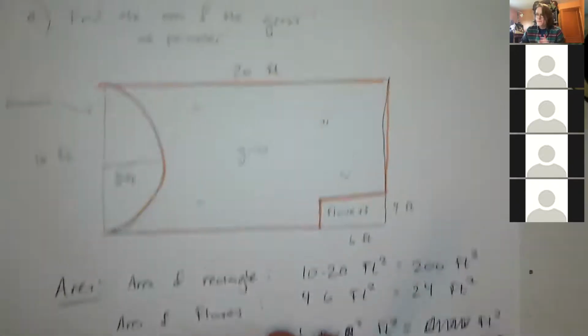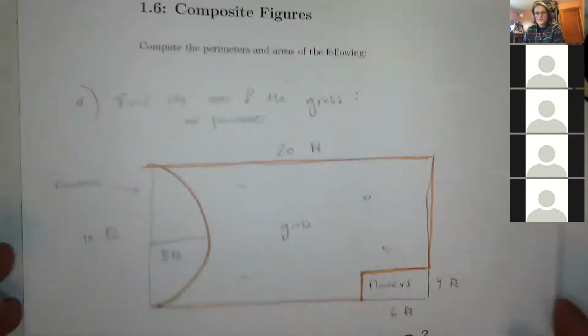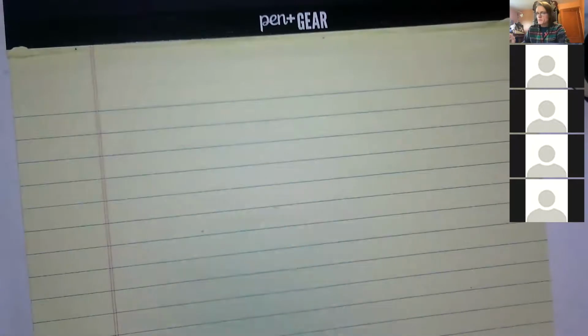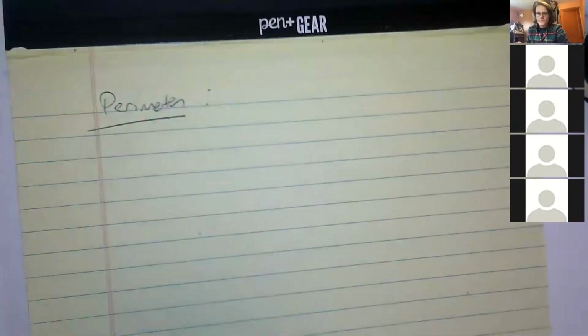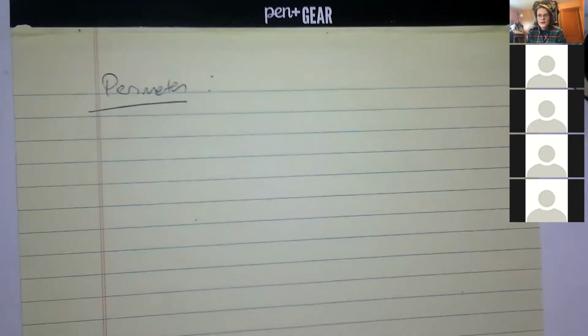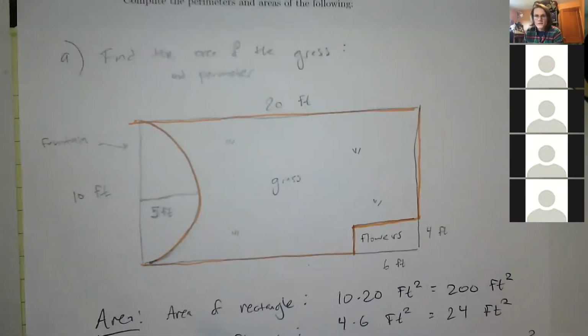Right, the perimeter, let's try the perimeter. So for the perimeter, what we're going to do is we have to just go around and add up all of these lengths. My dog's barking.